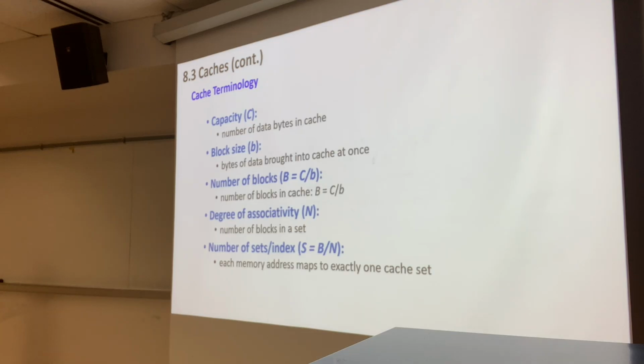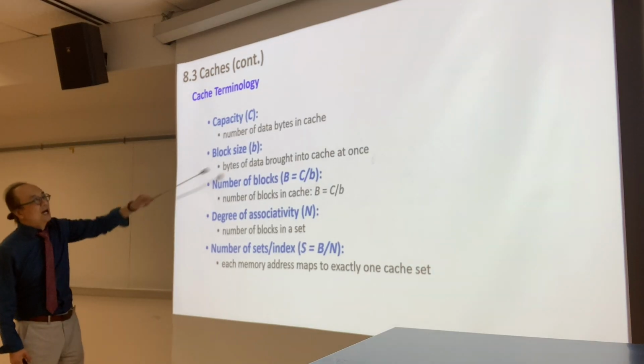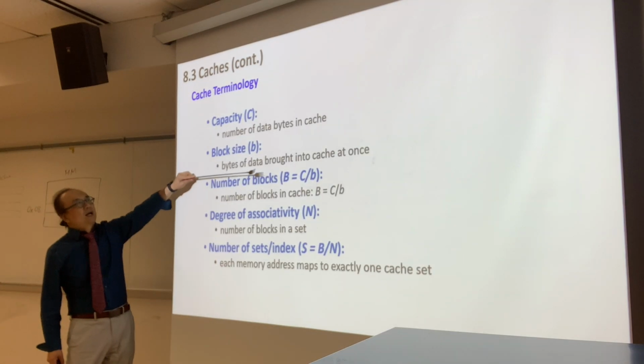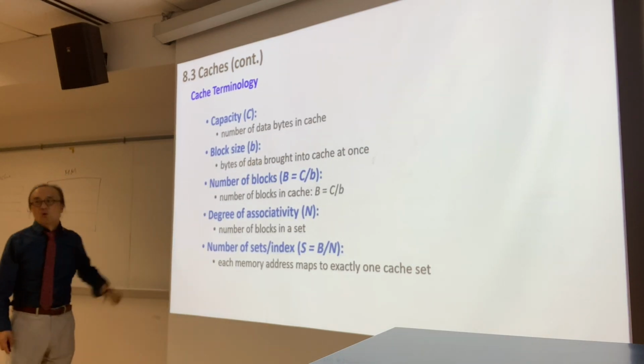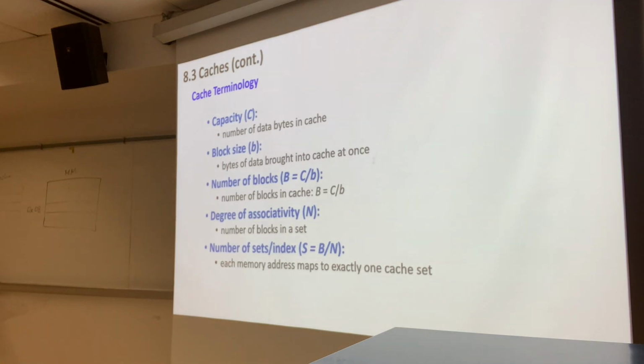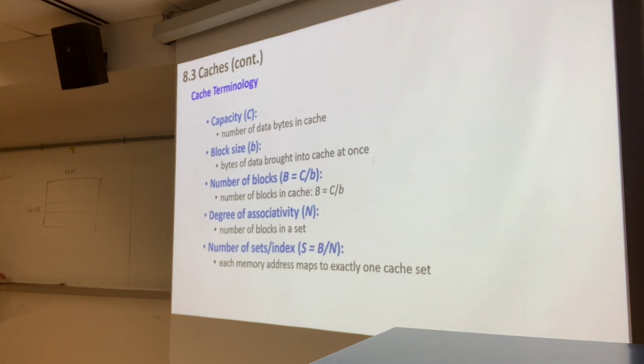Some cache terminology in our book. Block size, that's important. Block size is the bytes of data brought into cache at once. The keyword is at once. And let's say some other architecture has a cache size of 1 word. There's no universal definition of 1 word.